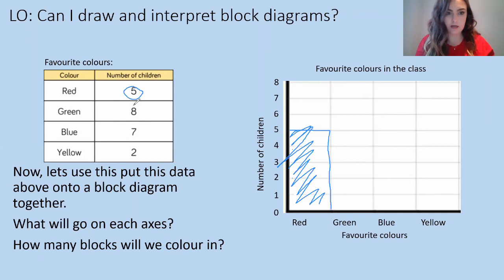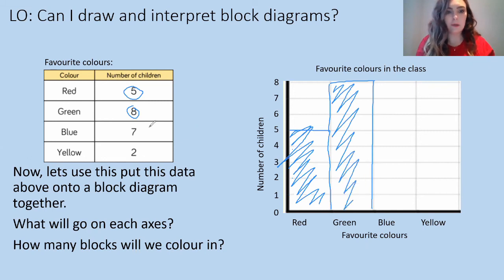If we have a look at green, 8 children liked green, which means we need to go all the way up to 8 here and colour that in all green.